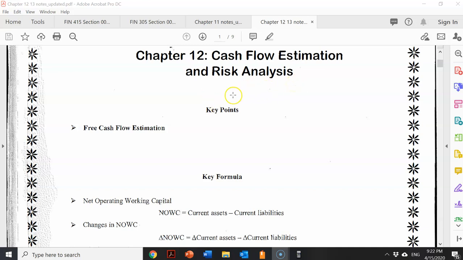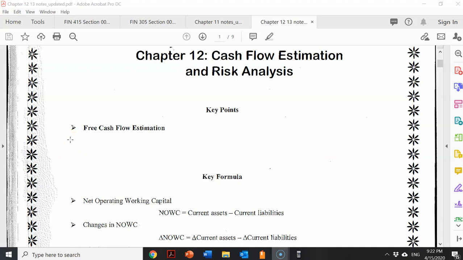Remember in chapter 9 when we were trying to evaluate the stock price. In the corporate valuation model, we discounted all the free cash flows using WACC to the present, and that brings us the corporate value.